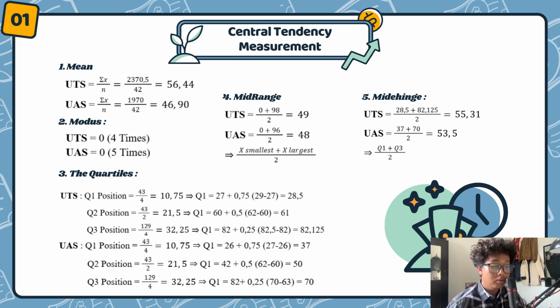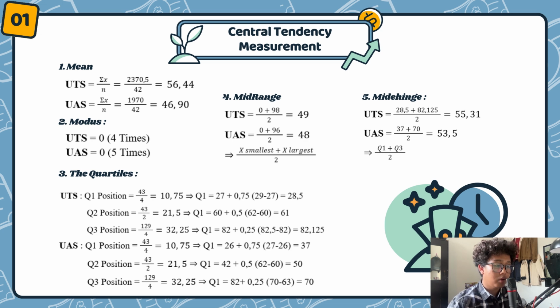And for Q2, you use 2 times n plus 1 divided by 4. And for Q3, you use 3 times n plus 1 divided by 4. And that is how you can determine the position of each quartile.